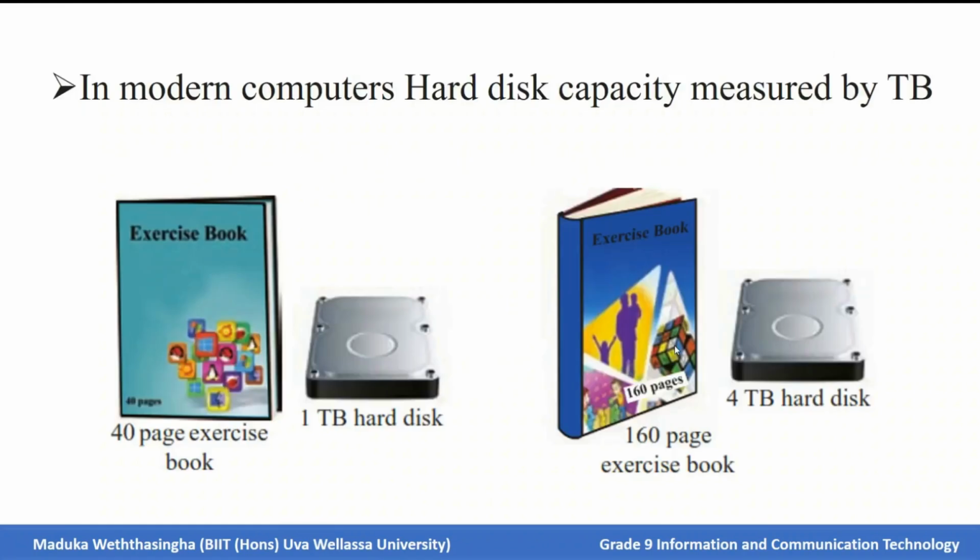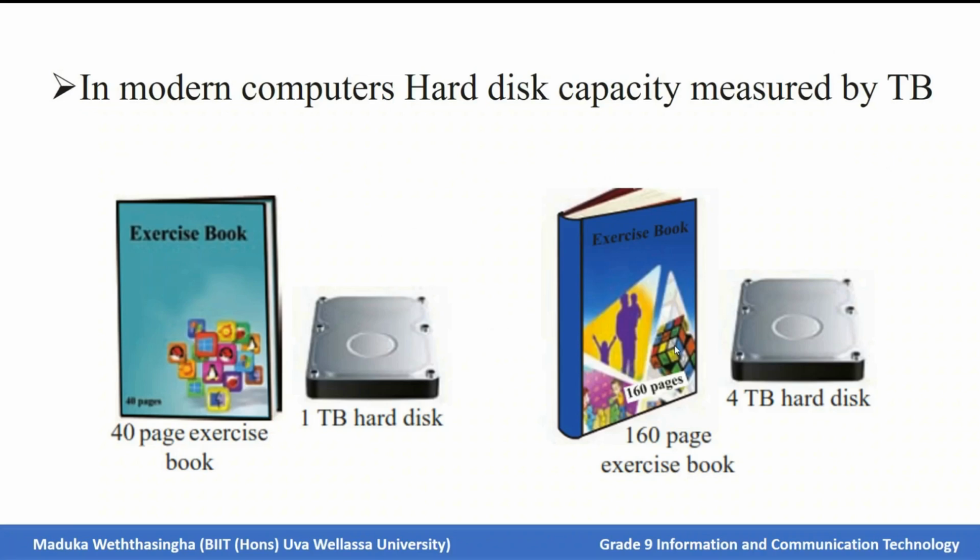Right. So when we purchase a hard disk, we need to be concerned about its capacity. Normally, capacity is measured using terabytes, TB. Let's see this example: a 40-page exercise book and a 160-page exercise book. When you compare these two books, which one has the highest capacity?